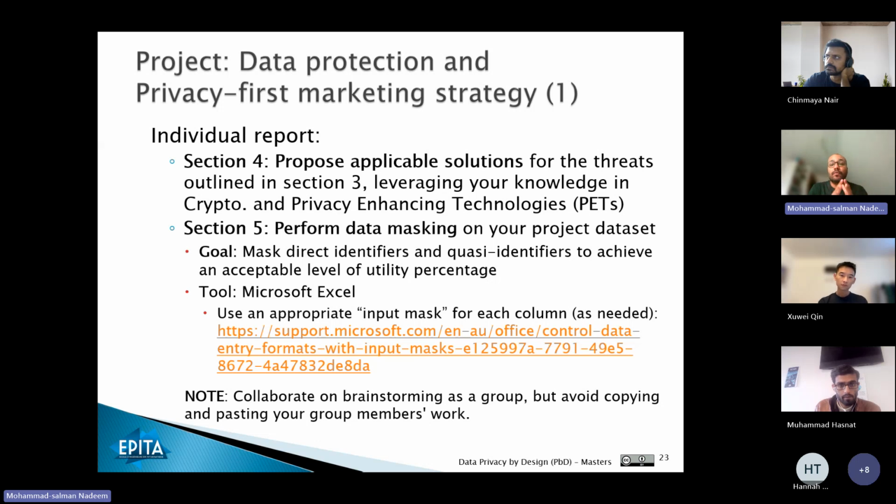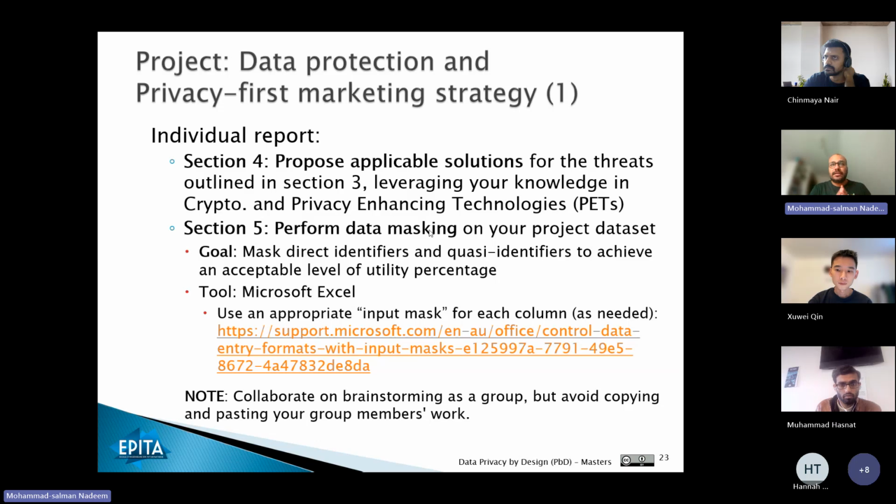Do not forget OWASP Top 10, the very first slide I talked about. And once you have a grasp of all these discussions, you should propose applicable solutions for the threats you outlined in section 3. It has to be related with section 3 threats.